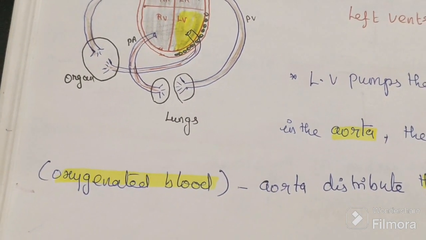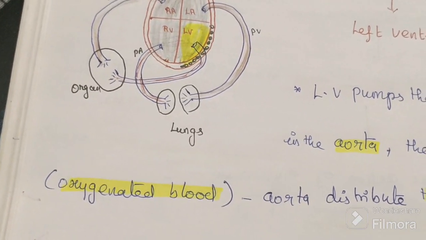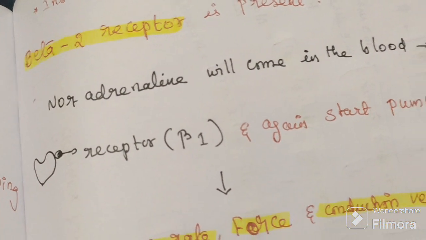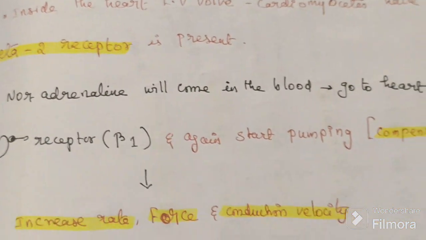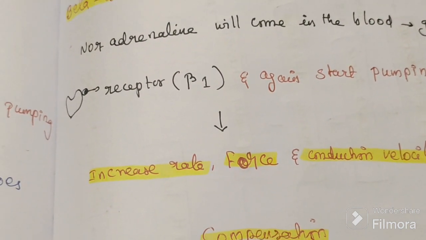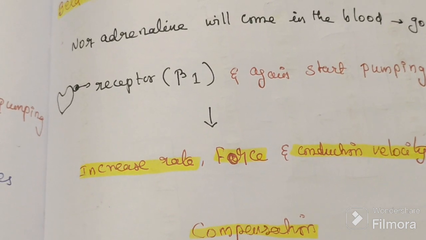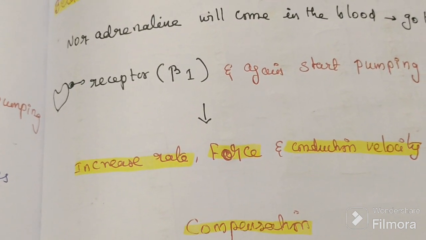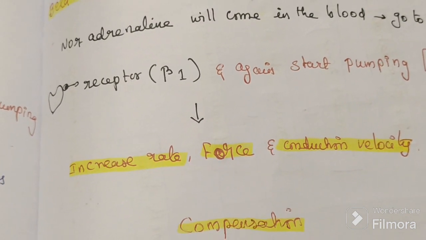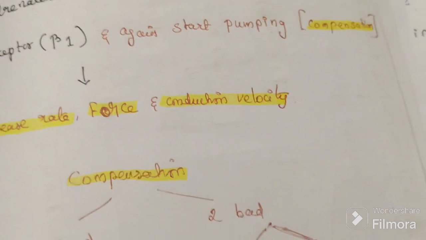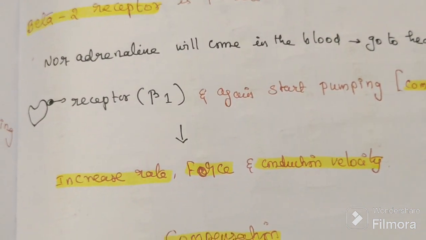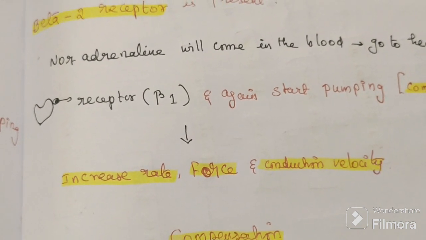The body will secrete adrenaline. This is the sympathetic stimulation, and it will go to the heart. Through the beta 1 receptor, cardiac stimulation will increase the rate, the force, and the conduction velocity.